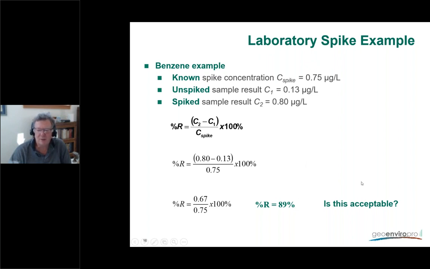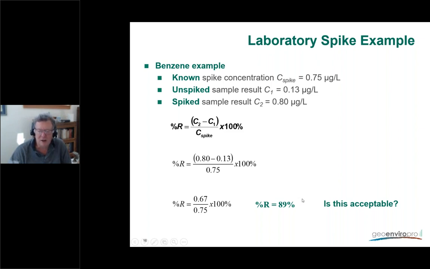Is this acceptable? Well, it usually is, but you should realize that some parameters the labs do very well, generating 100% recoverability plus or minus. But when it comes to soil and some of the more highly absorbed contaminants, for example, benzo(a)pyrene, it's not uncommon to get a percent recoverable of 50 or 60%.